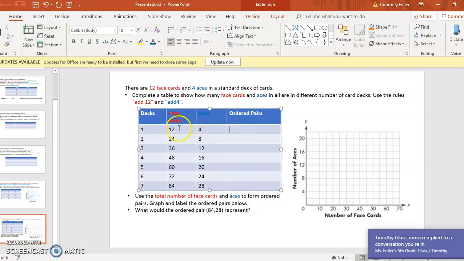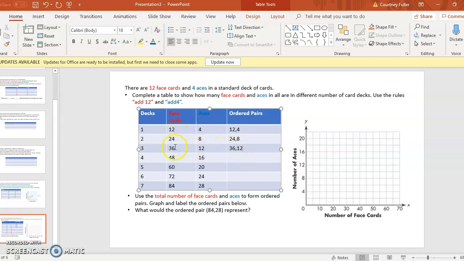So this first ordered pair would be 12, 4. The second ordered pair would be 24, 8. The third ordered pair would be 36, 12.